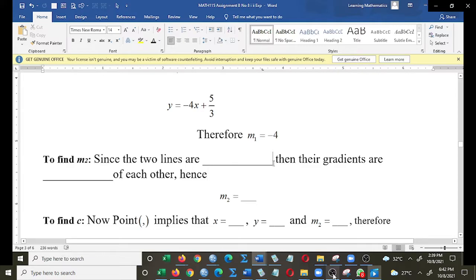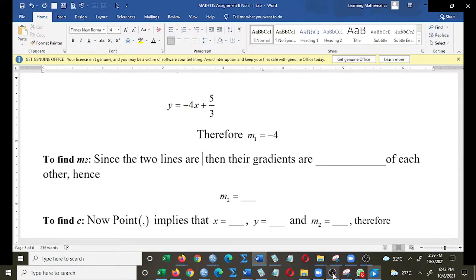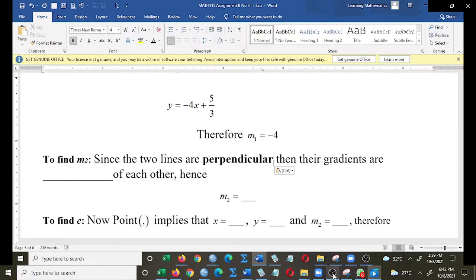Are their gradients equal? That is where I realize some people normally forget that gradients are negative inverse to each other. Okay, it's a little bit trickier than the parallel, so try to get accustomed to it. Negative inverse. That is the idea.